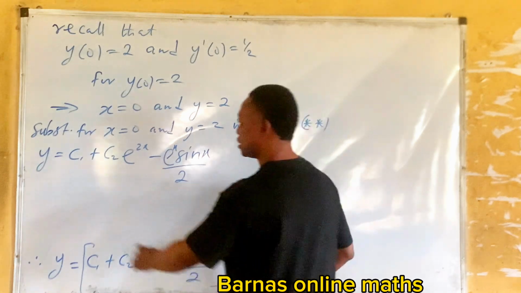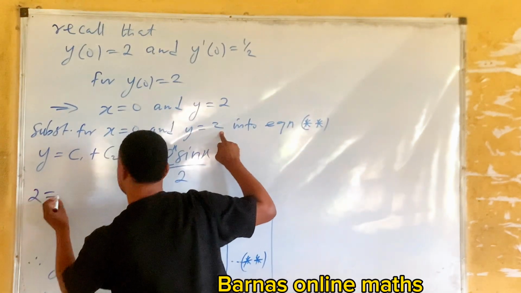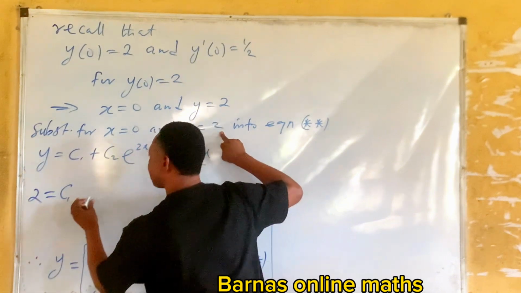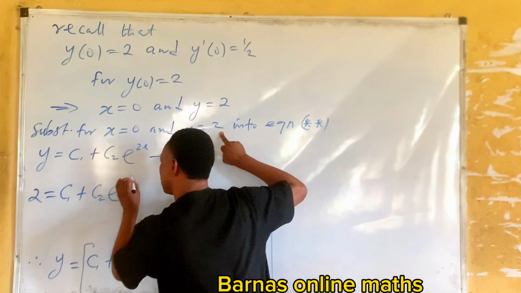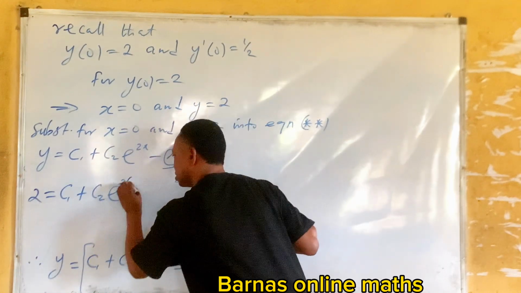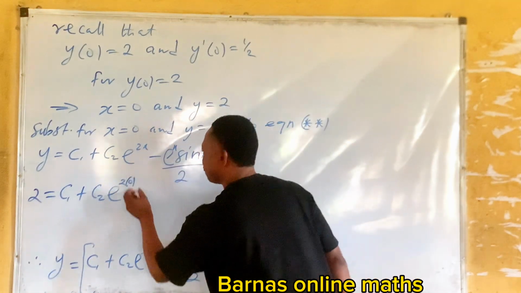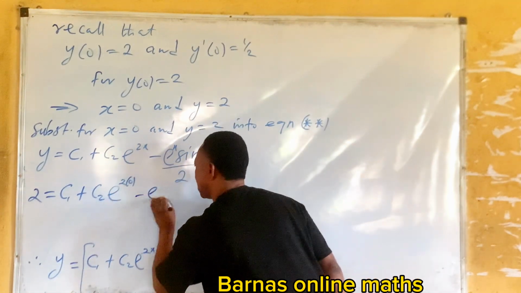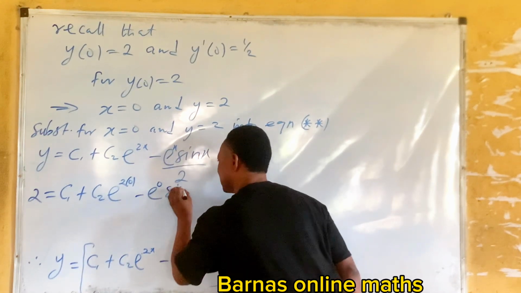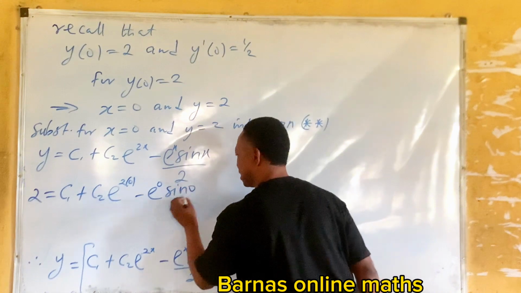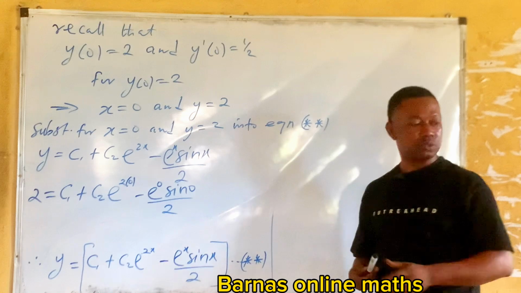Let's do that. Instead of y we have 2, which equals c1 plus c2 e to power 2 times instead of x, 0. Then followed by minus e to power, instead of x we have 0, then sine, instead of x we have 0, all upon 2.